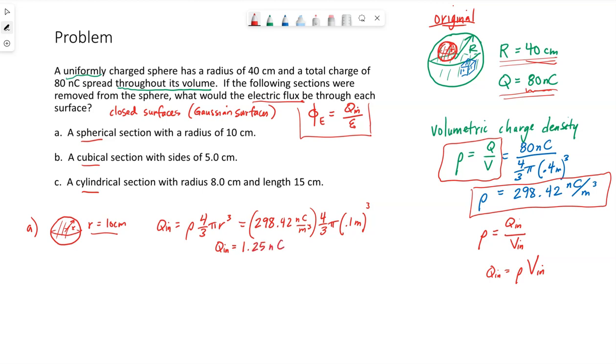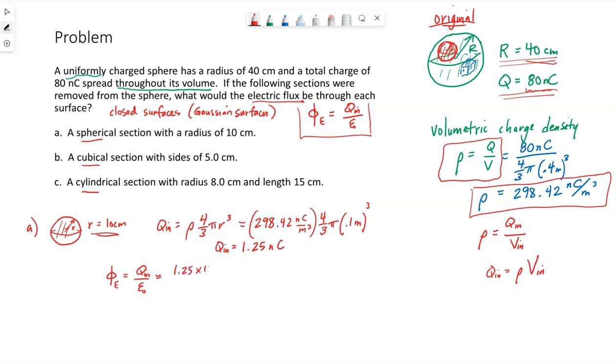If I plug this in correctly, we find that the charge in this smaller sphere that has a radius of 10 centimeters would only be 1.25 nanocoulombs. Knowing the charge located within that sphere, the flux would be that charge in the sphere divided by epsilon naught.